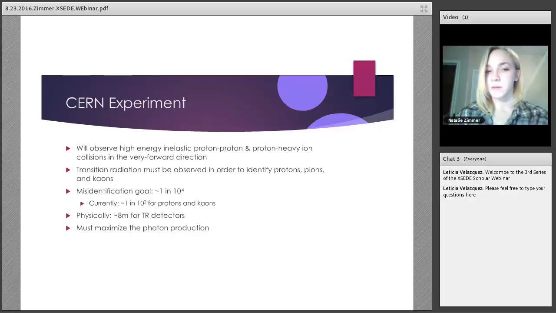And so as you can see in the picture here, we have a charged particle labeled as beam coming in from the left side, going through a radiator, which is many different foils. And like I said, they'll have a different dielectric constant than the air, or if it's in a vacuum, then the vacuum.